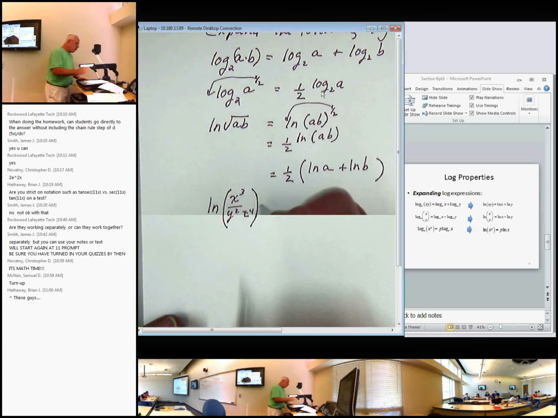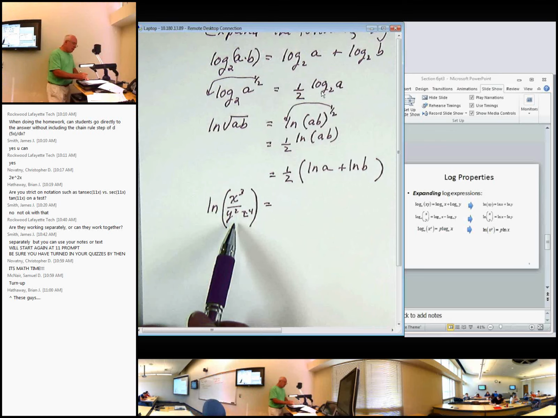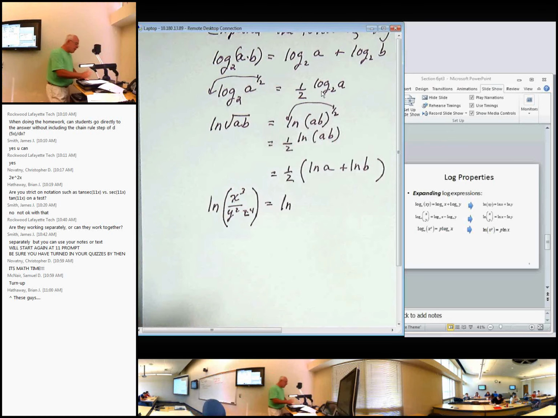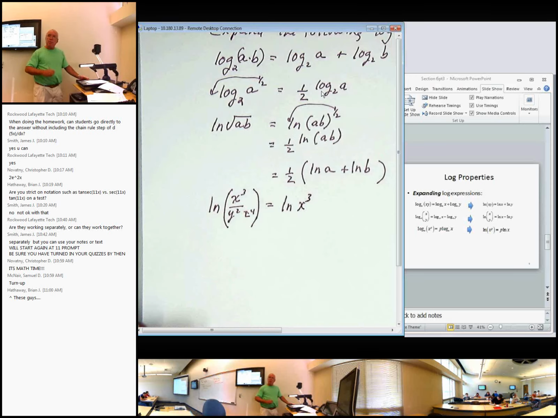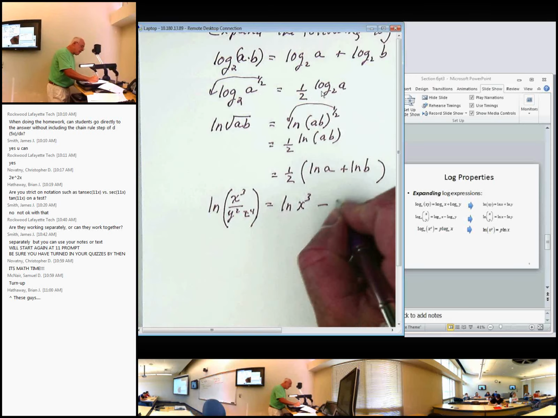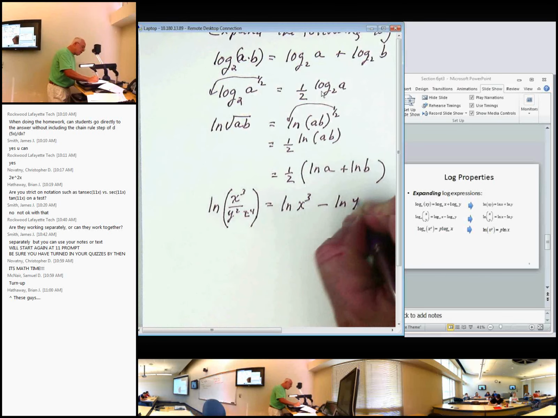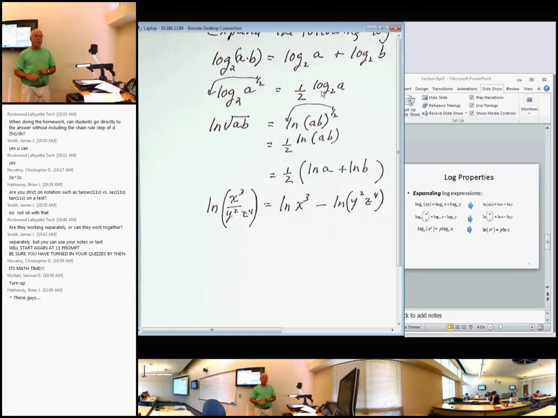First of all, notice I've got a top expression divided by a bottom expression, so I can initially expand it out as ln of the top expression, but because I'm dividing, it's minus the ln of the bottom expression, ln of y squared z to the fourth, and let me make sure we understand that there's parentheses around that.